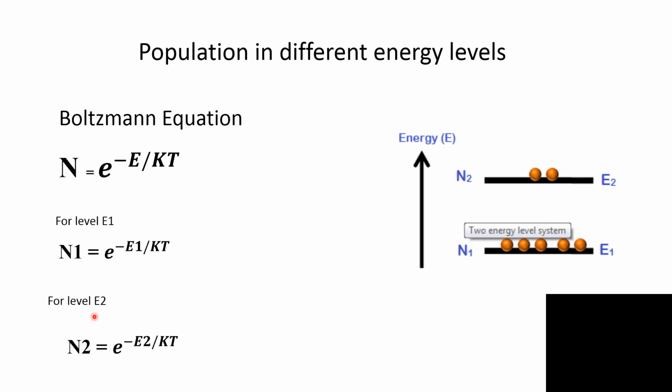And for level E2, we replace it with N2. This shows the population of level E2, and here it is exponential minus E2 over kT. So we can find the population of different energy levels by using this Boltzmann equation. The Boltzmann equation shows that population changes with the energy level.